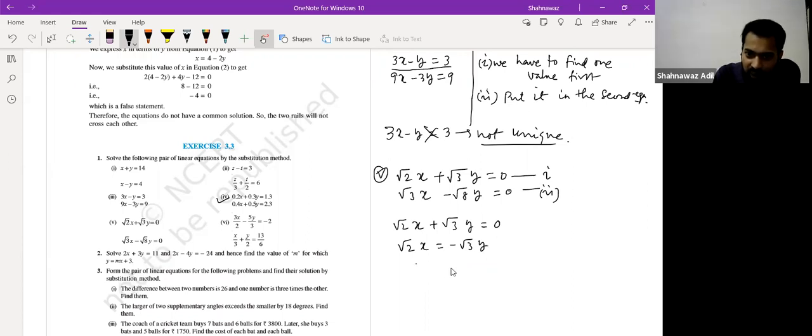So x is minus root 3 by root 2 y, right?